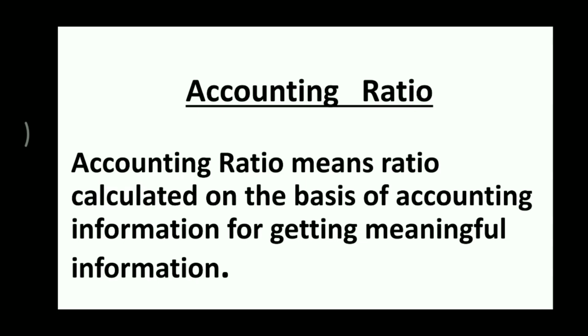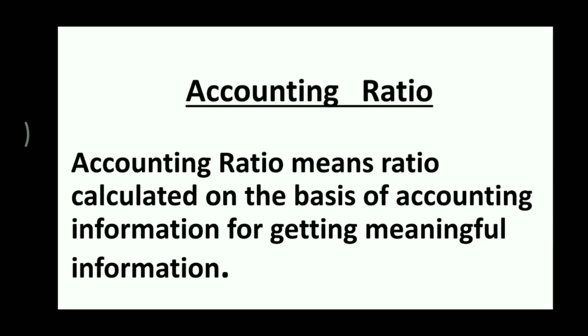Whatever you get will give some meaningful information. However, if you calculate the ratio between the number of students and the number of planets, you will not get meaningful information. So that is not a ratio. That's why ratio is a mathematical expression of related items which gives us some meaningful information.